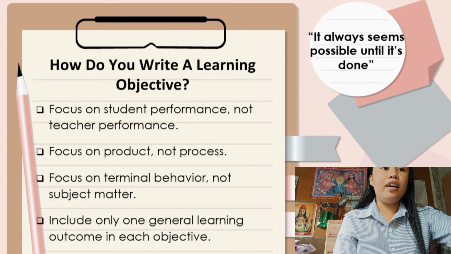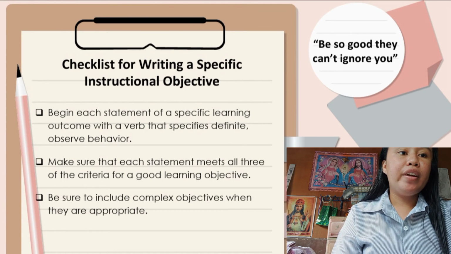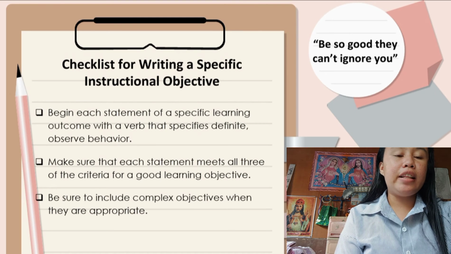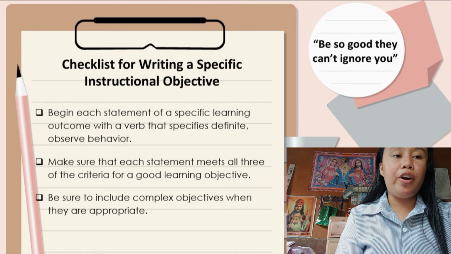Next, a learning objective is a statement describing a competency or performance capability to be acquired by the learner. Next is the checklist for writing a specific instructional objective. The first checklist is to begin each statement of a specific learning outcome with a verb that specifies definite observable behavior.